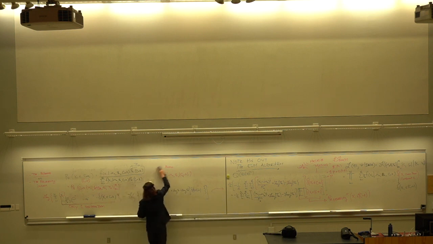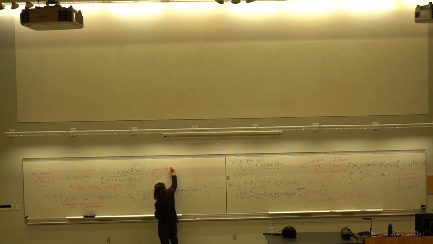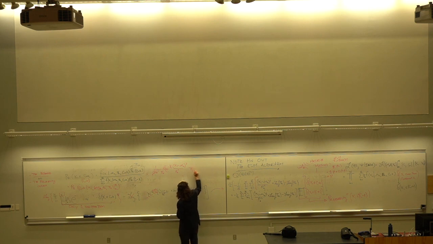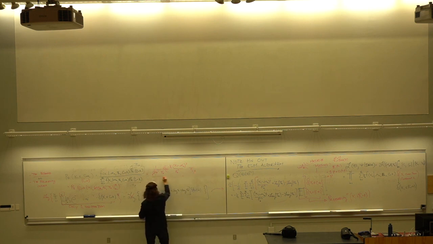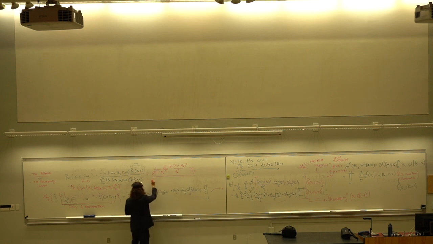I'll just write down what this looks like right here. This is going to be 1 over 2 pi sigma k e to the minus 1/2 (x_i minus mu k) squared over sigma k squared, pi i k, over this big sum.